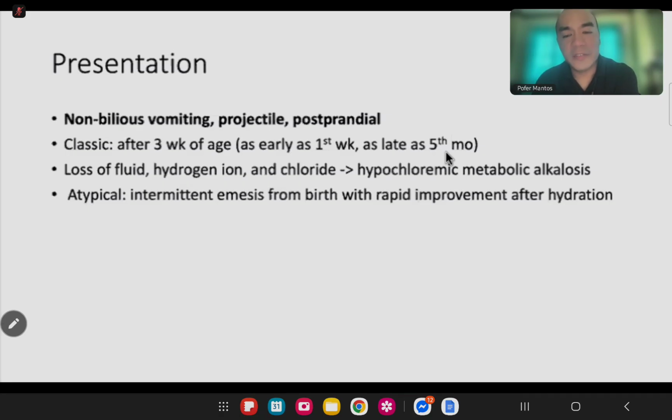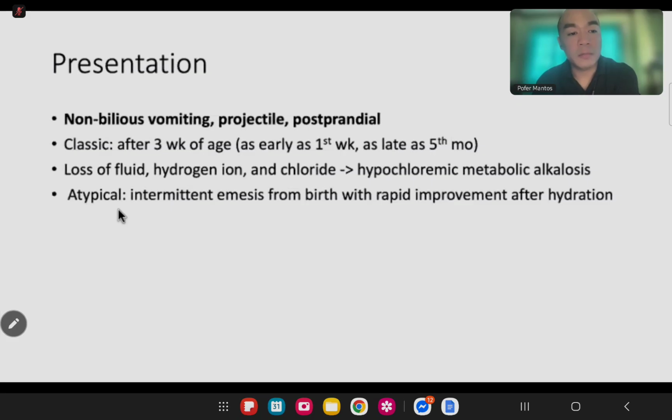So it's still a differential diagnosis even if the baby reaches around this age. You have to be careful for this complication, hyperchloremic metabolic alkalosis, if there is continued vomiting in these patients.